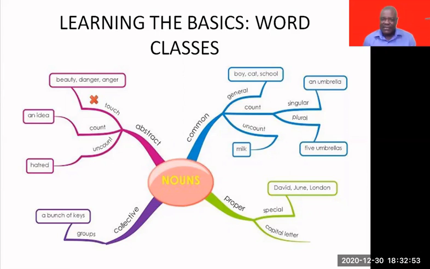Traditional grammarians have listed 8 parts of speech: nouns, pronouns, verbs, adverbs, adjectives, prepositions, conjunctions, and interjections. In modern linguistics, adjectives are further subdivided into adjectives and determiners.